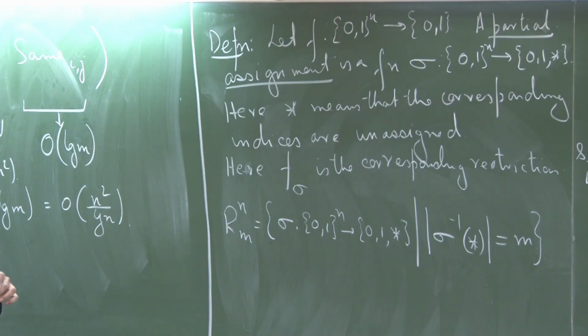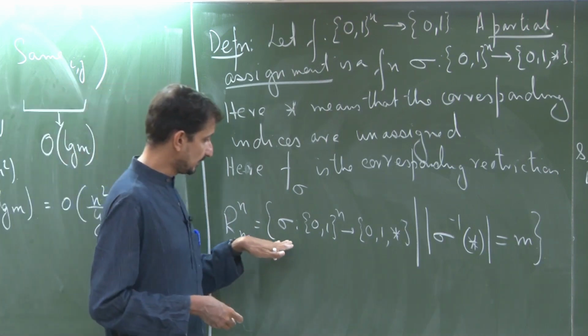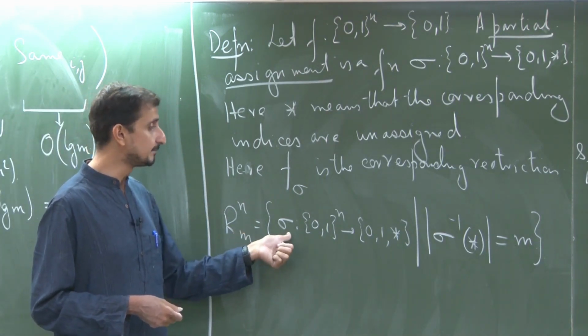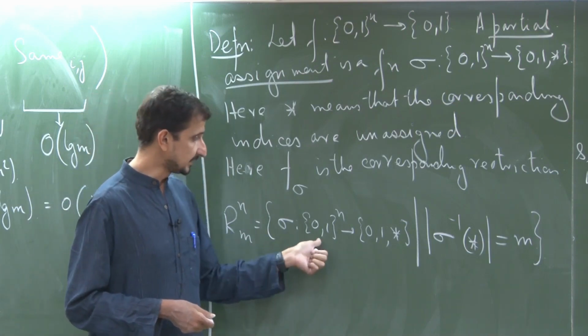What is the meaning of writing this function? When I write {0,1}^n, aren't there 2^n combinations? No. Let us say I have one sigma, a function from this to this.